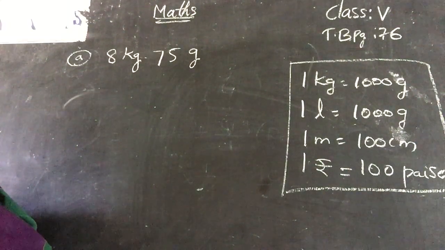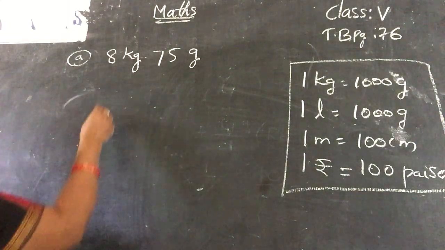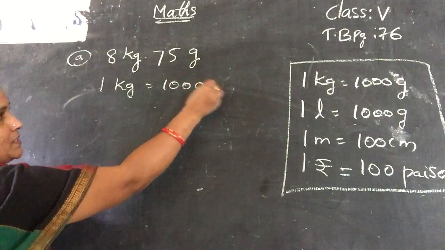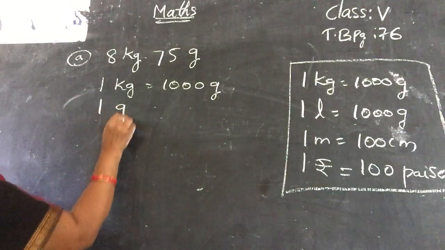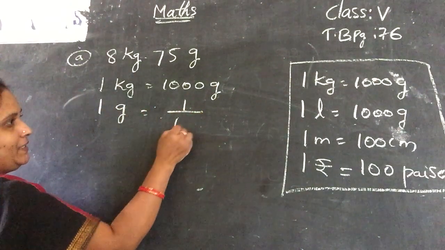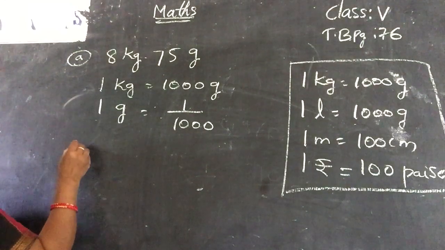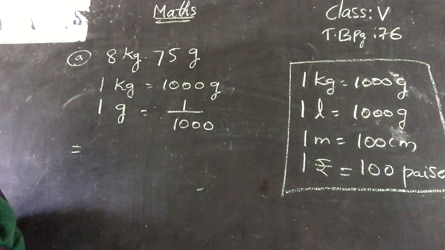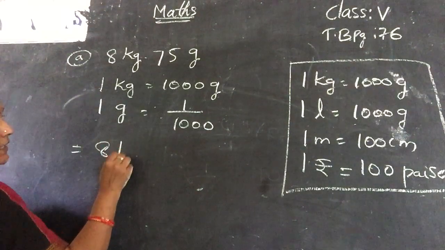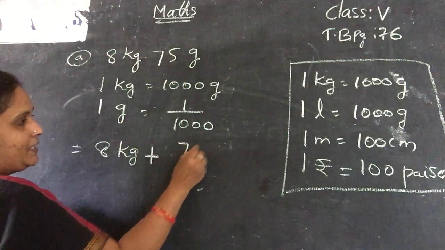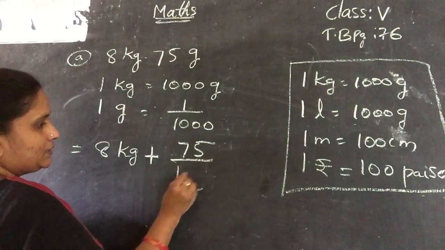1 kg is equal to 1000 grams, and 1 gram is equal to 1 by 1000. So 8 kgs is already there, plus 75 grams by 1000.